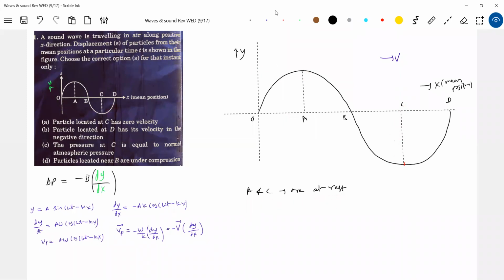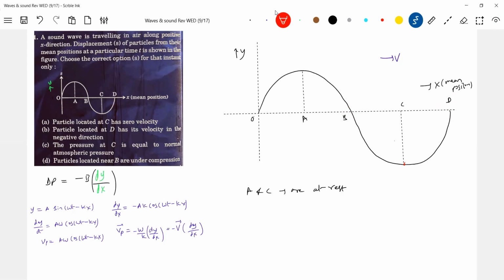Now after this, okay, let's come to A and C. Particle located at D has its velocity in the negative direction. Okay, it's asking now about D, B, and O. So what is the slope at this point? Slope is negative. Negative of negative will be positive. So B will be moving in the direction of the wave. What about D? Slope here will be positive. It will be moving opposite. So how is the motion of the particles?